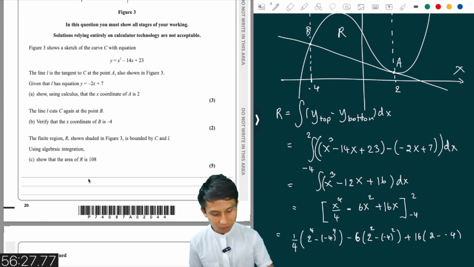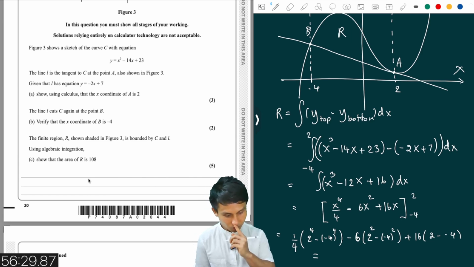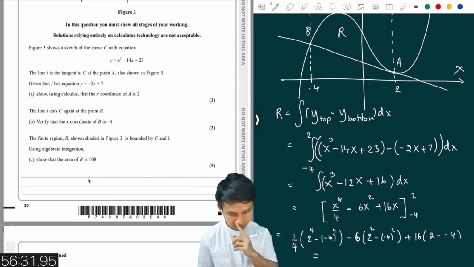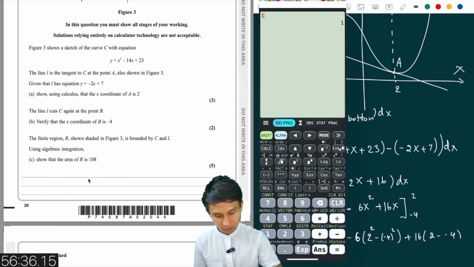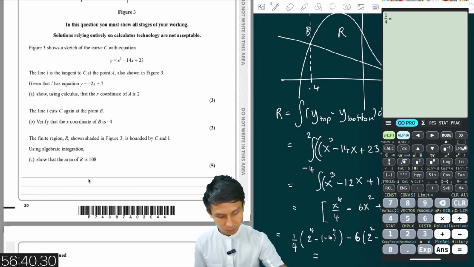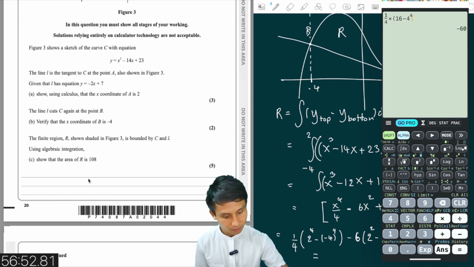So if we work that out, we should get the answer as 108, hopefully. Yeah, we can use a calculator for that. So 1 over 4, and then times 2 to the 4 is 16, minus 4 to the 4, whatever that is. Okay. Yeah.